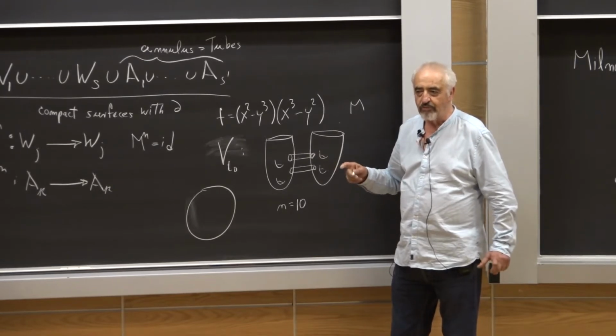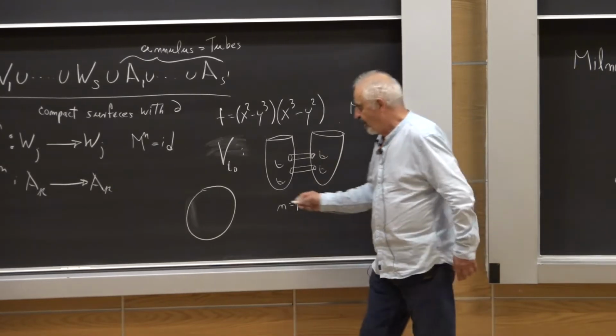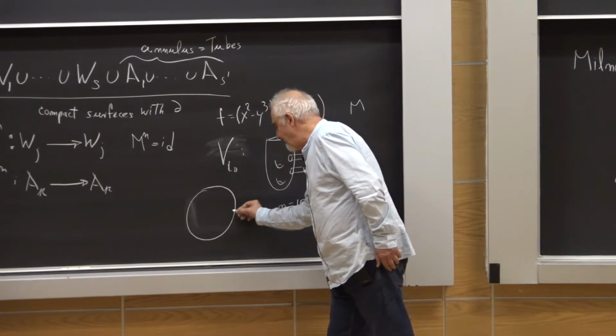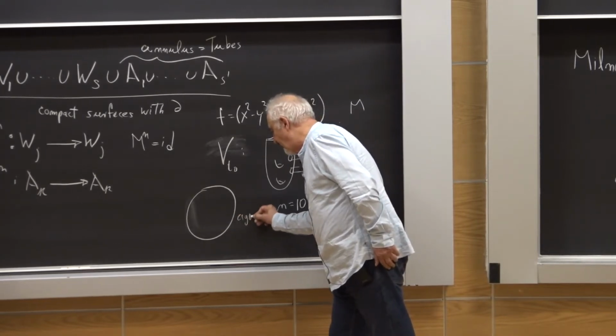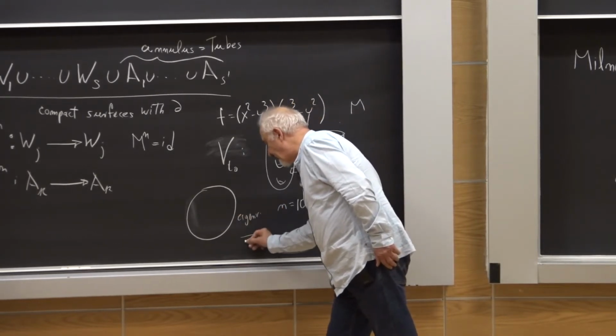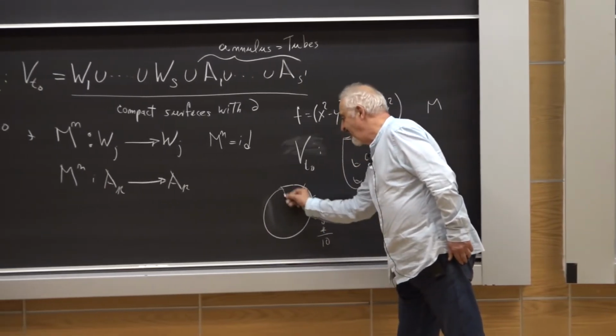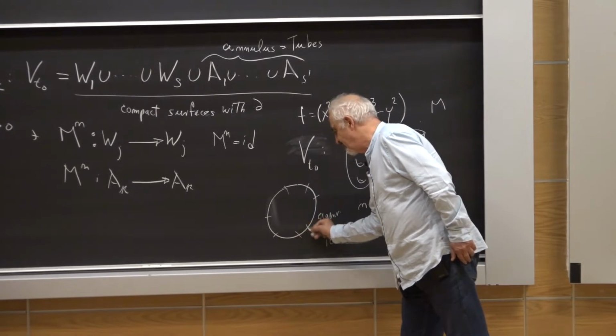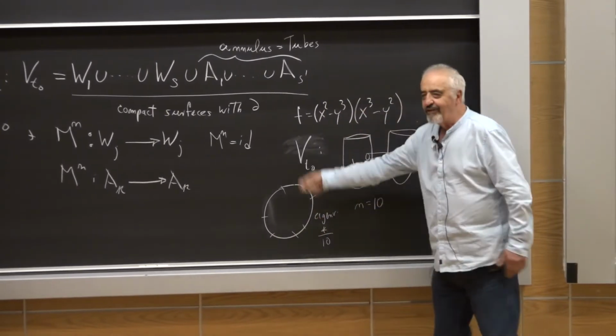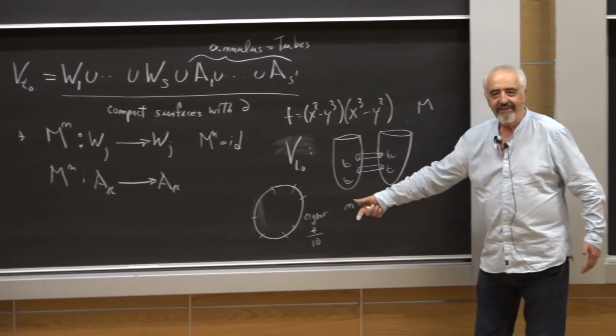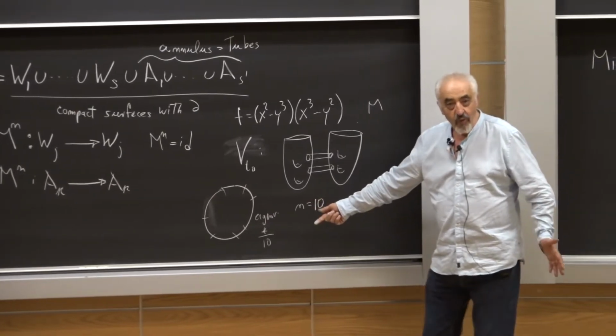So they are at most blocks of size 2. And in this case, the eigenvalues have denominator 10. So there's some number, and then they are divided by 10. That's why if I iterate 10 times, then I only get eigenvalue 1.